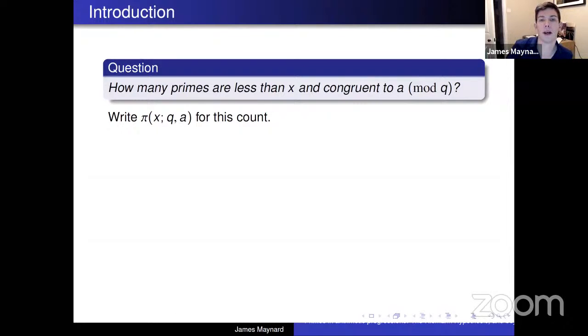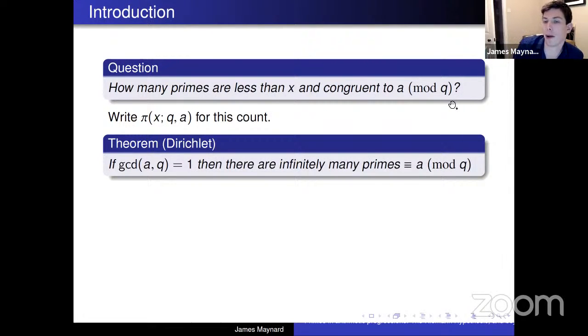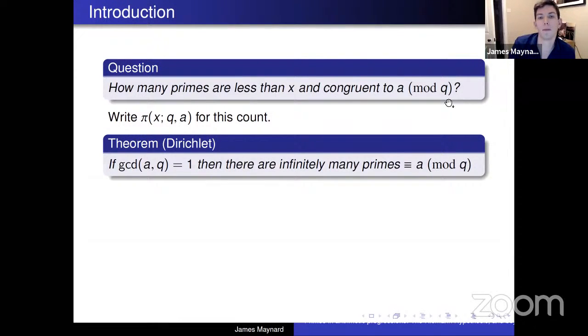So this is an exceptionally important quantity to understand from the point of view of prime number theory, and it's a very famous theorem of Dirichlet that provided your residue class a and your modulus q are coprime to one another, then there are infinitely many prime numbers which are in the residue class a modulo q.